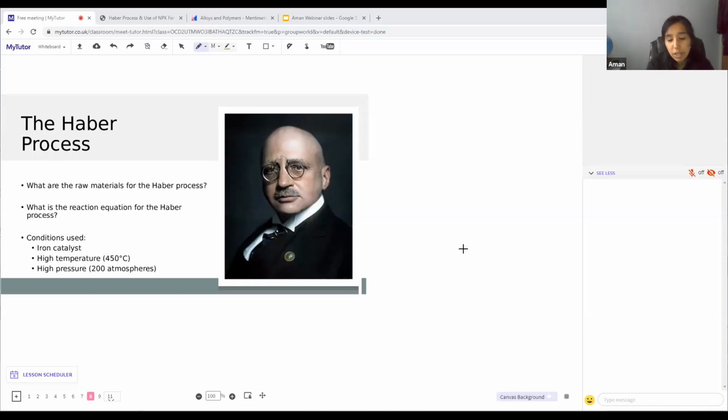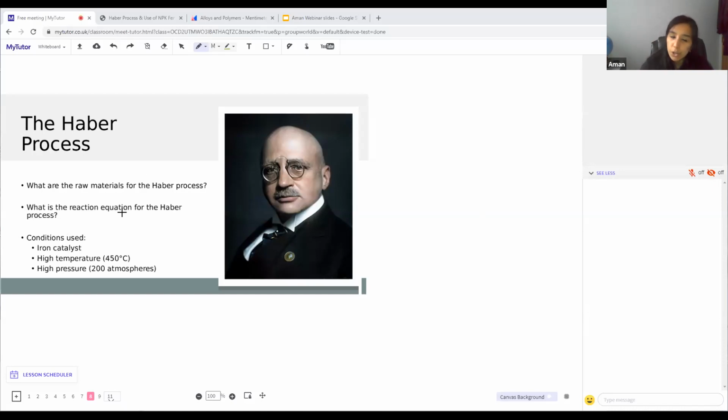So someone has given me the correct answer. I'll wait for a few more answers. So what are the raw materials for the Haber process? Okay, good. So nitrogen is one of them, and the second one is hydrogen. So nitrogen and hydrogen, excellent, well done.